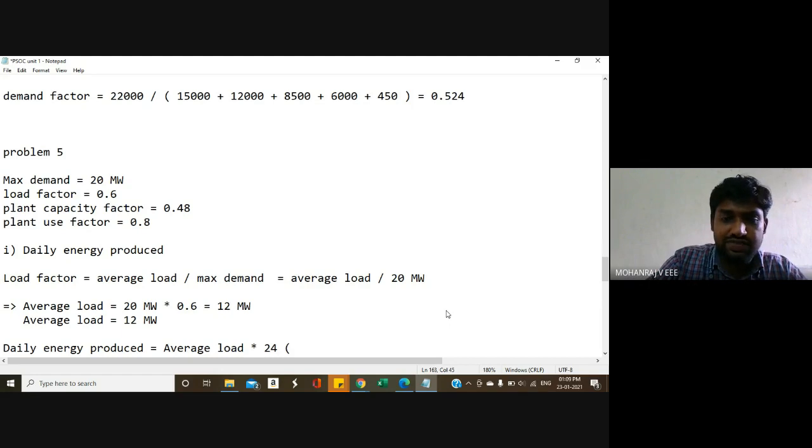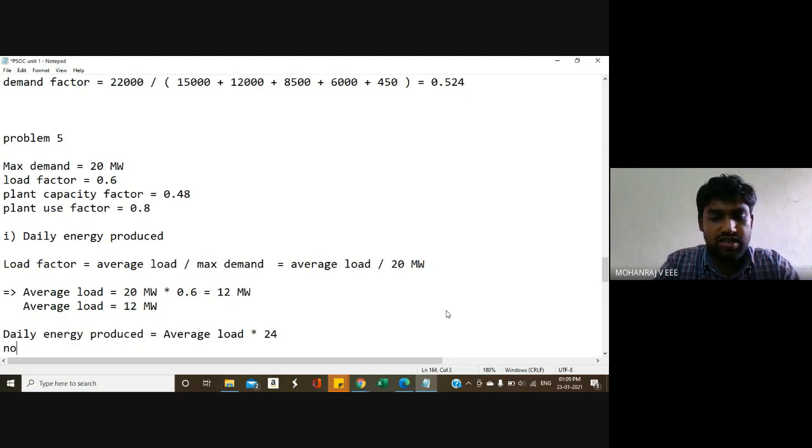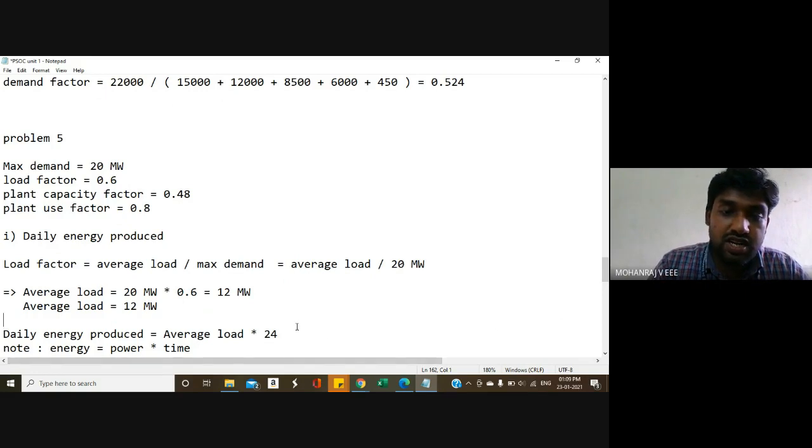What is energy actually? We know energy is equal to power into time. Power is given in terms of average load. Time is your number of hours in a day.